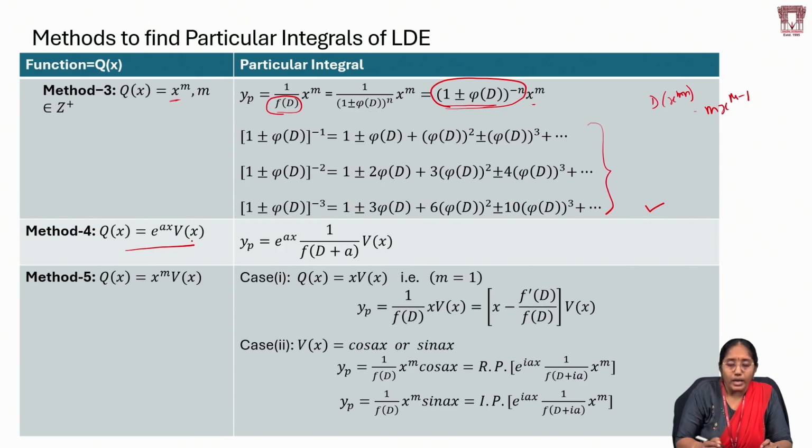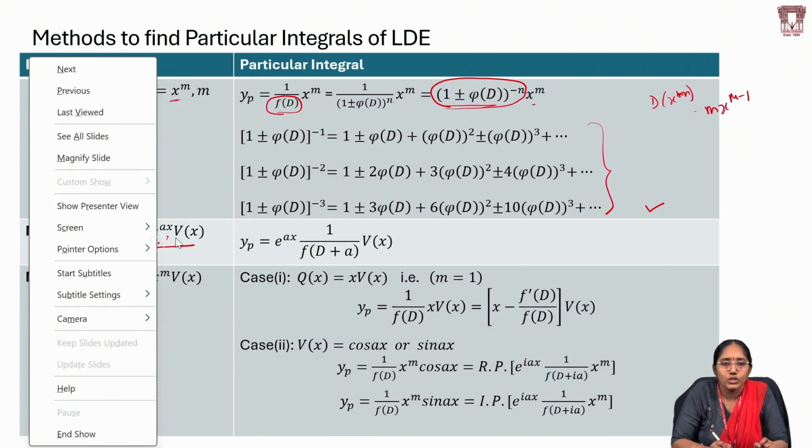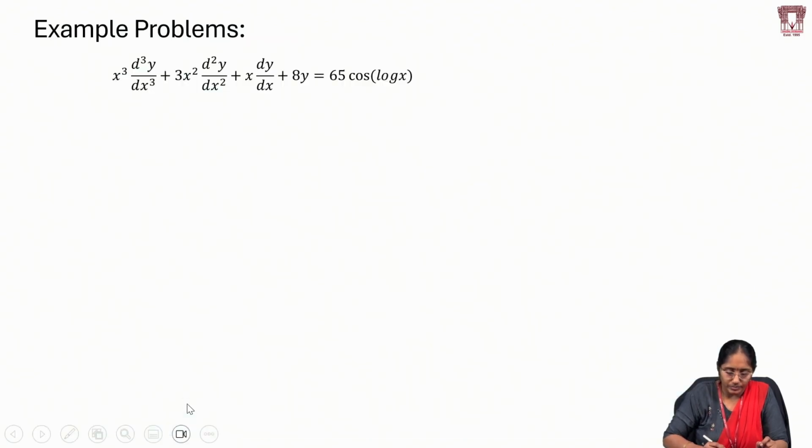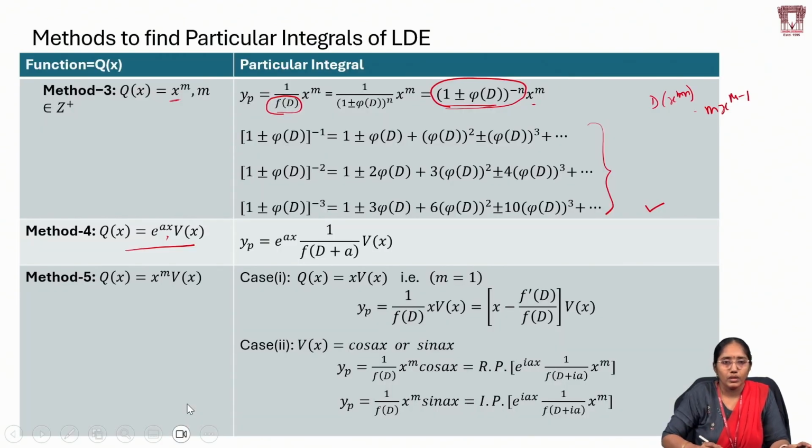And coming to the fourth one, q of x is equal to e power ax into v of x. Till the third method, each method is only a single function. There is no product of functions. Here the fourth method is the product of two functions. In those, one must be exponential, e power ax into v of x. In such a case, simply write e power ax into 1 by f of D plus a into v of x.